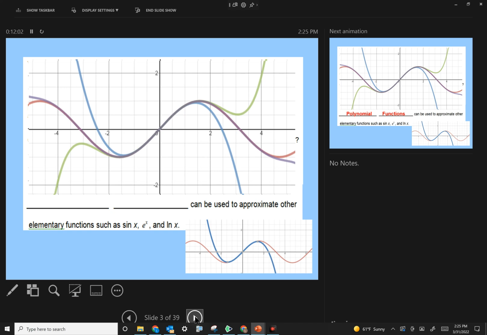Whoa. That takes it all the way out to almost 5-ish, doesn't it? Where it follows the curve. So the higher the degree polynomial we use, the more accurate it remains to be the same as the sine graph. Yes? Everybody seeing what I'm putting out there?